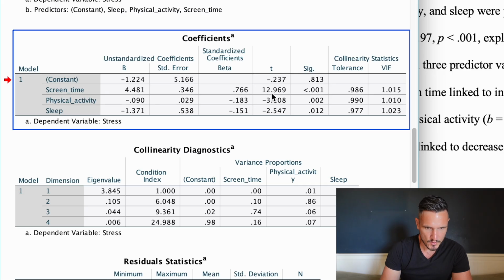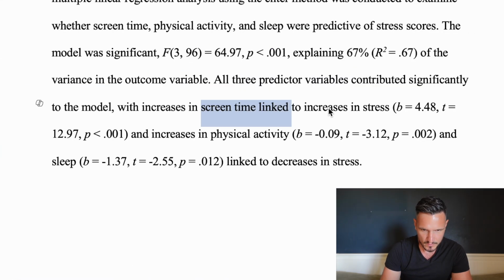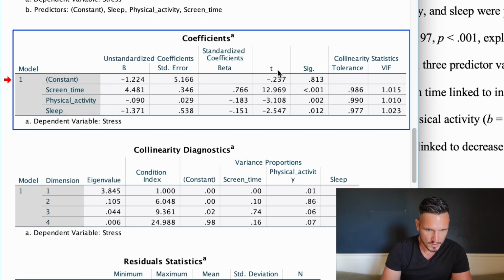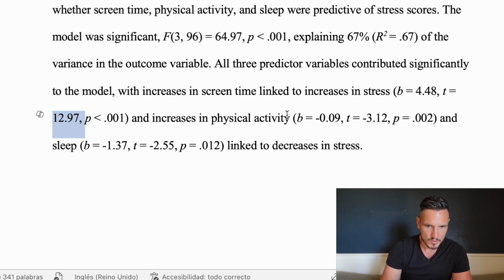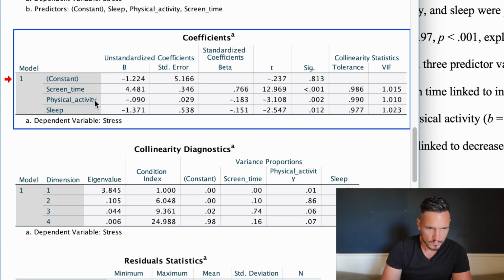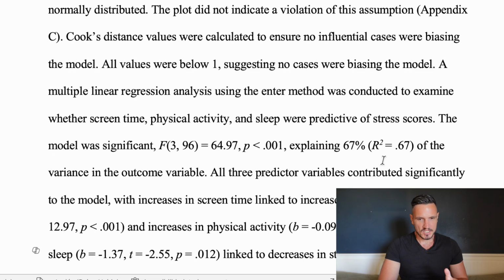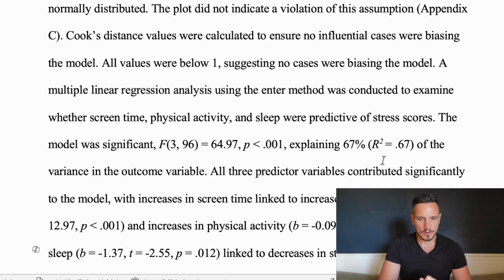We have this t value of 12.97 rounded to 2 decimal places, and we have the p-value of less than 0.001, which is what we have here in the SIG column. And then we've just reported those same statistics for the physical activity row, and for the sleep row. So that's essentially how you report the results of the multiple linear regression analysis.